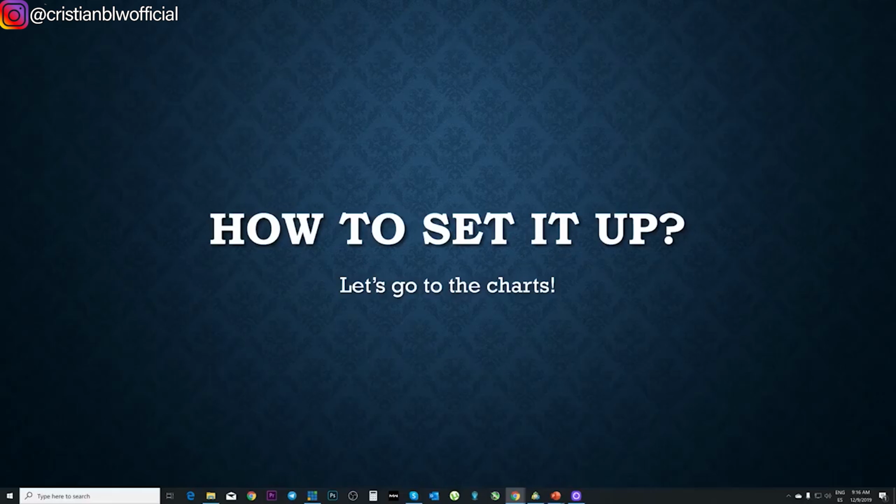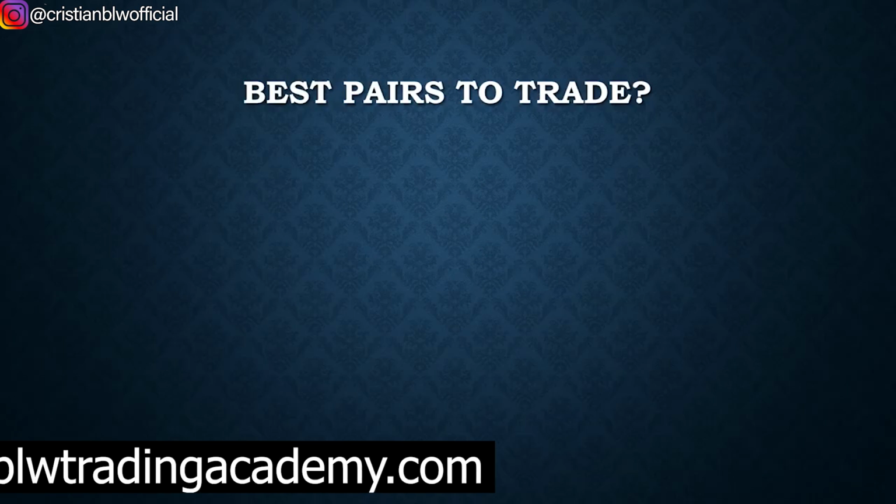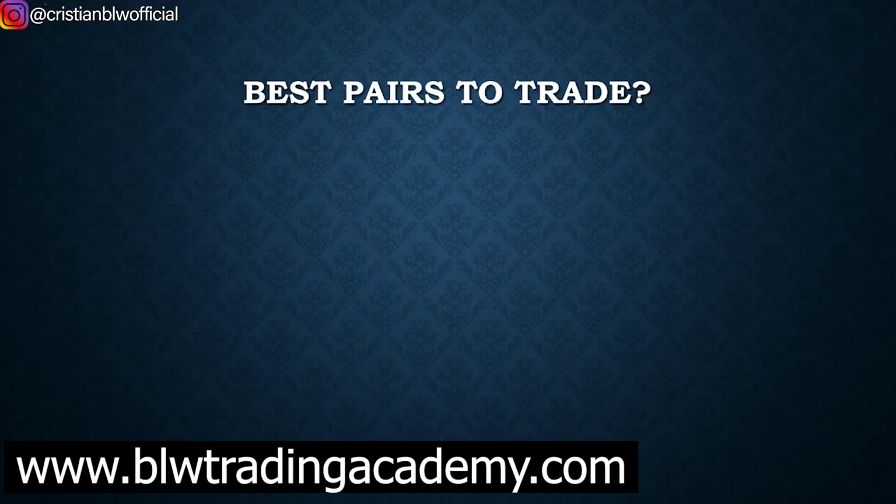Let's continue with the training, okay? Next question, what are the best pairs to trade? This is very important because you're not supposed to apply the 2-minute strategy or the indicators to all the pairs that you see on your screen. No, you have to choose the best pairs.